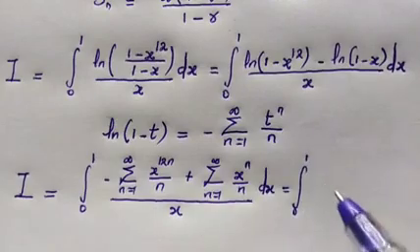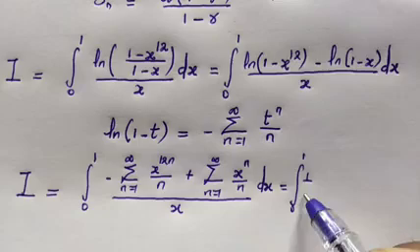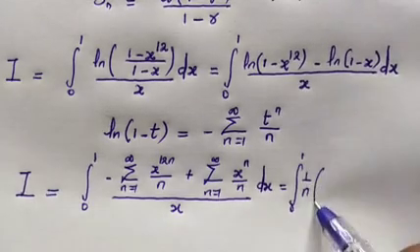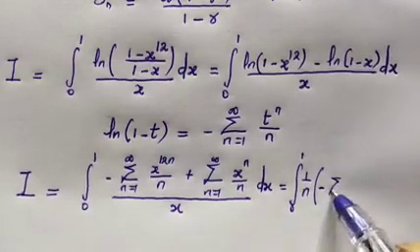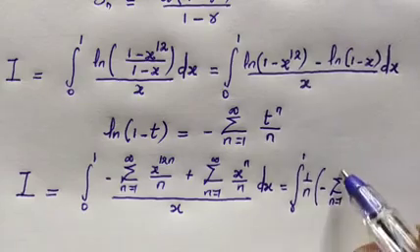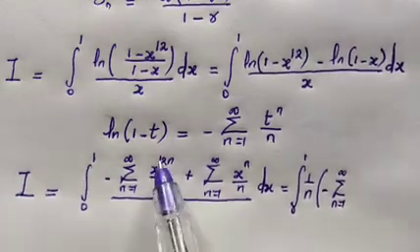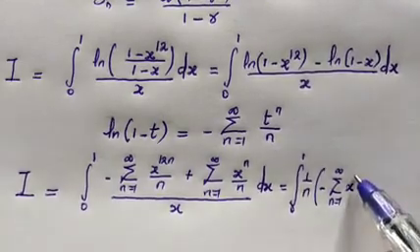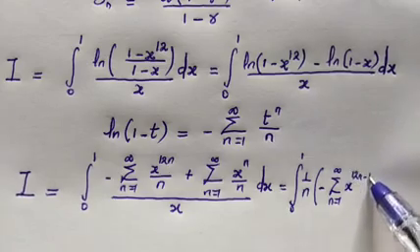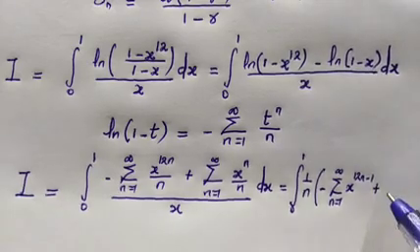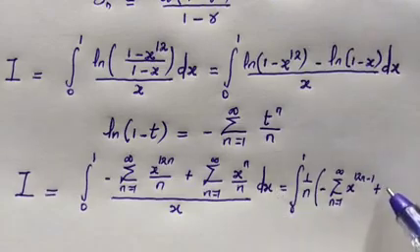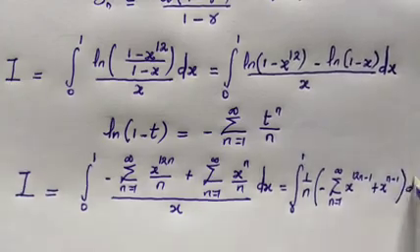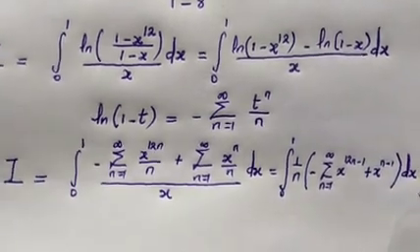Into bracket, the negative sum as n goes from 1 to infinity: x to the power of 12n divided by x, that will be x to the power of 12n minus 1. And here plus, x to the power of n divided by x will give us x to the power of n minus 1. So here we have dx.